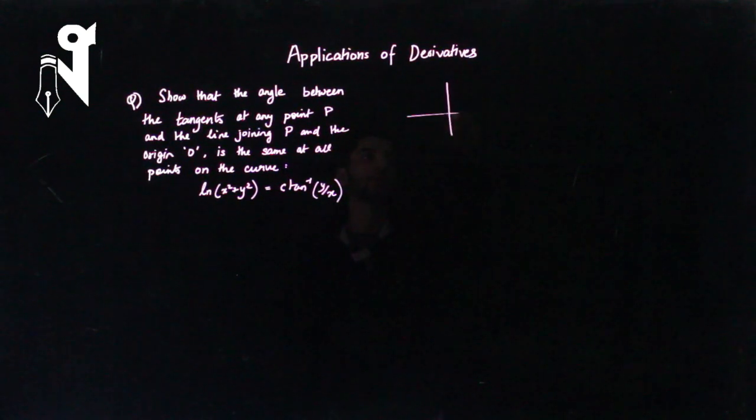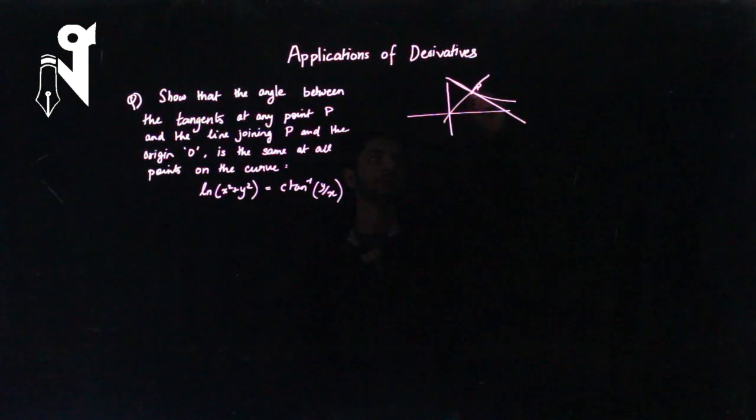Basically we have to show that, say if you have a curve, the angle between the tangent at any point, if say this is the point P, and the line joining P and the origin, so say this angle or this angle, it doesn't matter, you have to show that that angle is constant, meaning that it's independent of x and y.